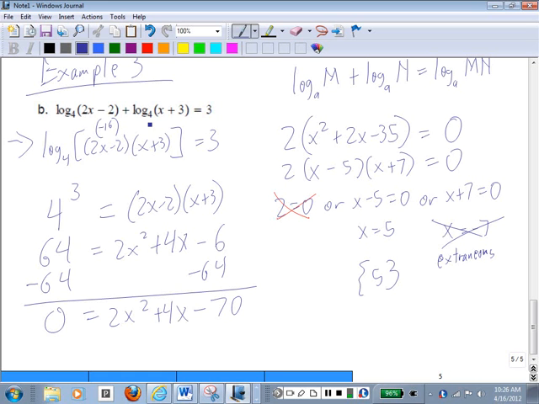Put the negative 7 there, and it makes that negative 4. Negative 16 times negative 4 is positive 64. And log base 4 of positive 64 equals 3. So that way, when you multiply those two negatives and get a positive, it actually does satisfy this equation, but not the one right up above it. So we can't count it in the final solution set. Just the 5.